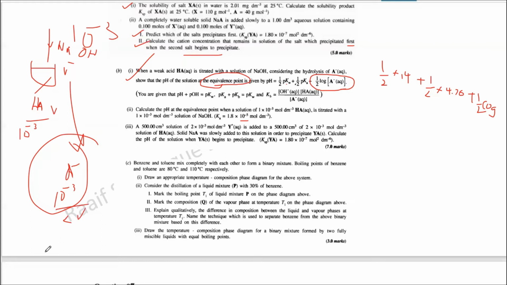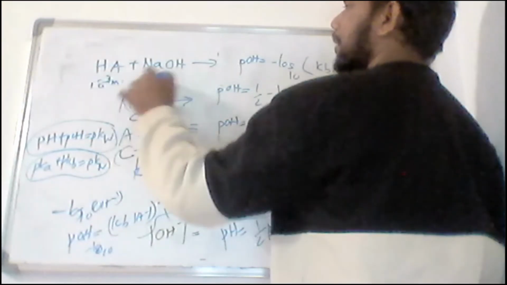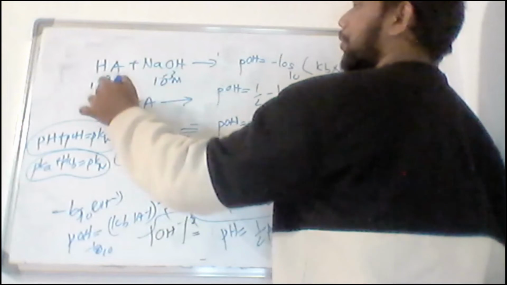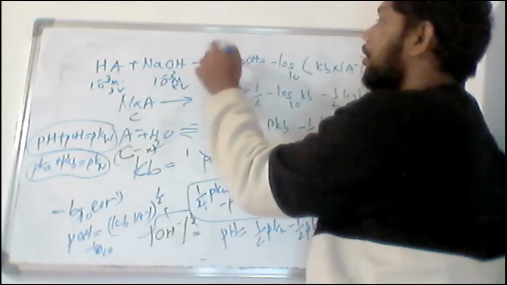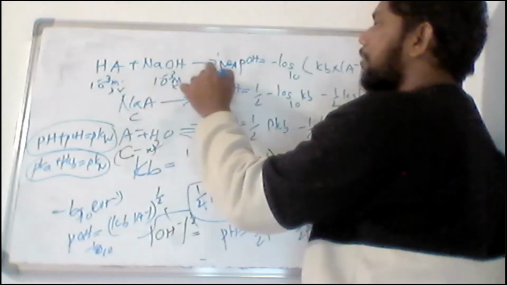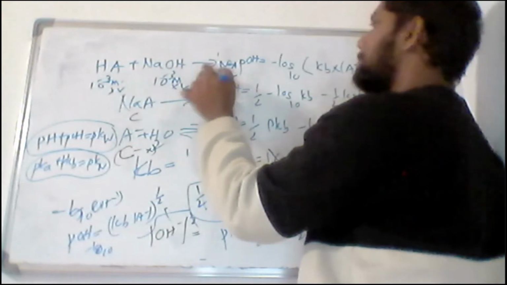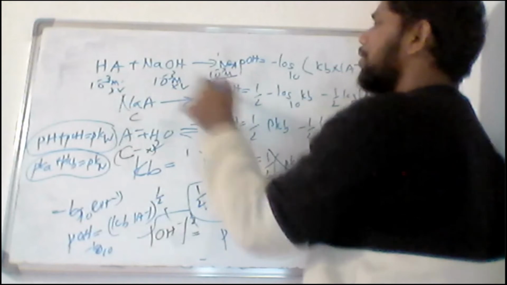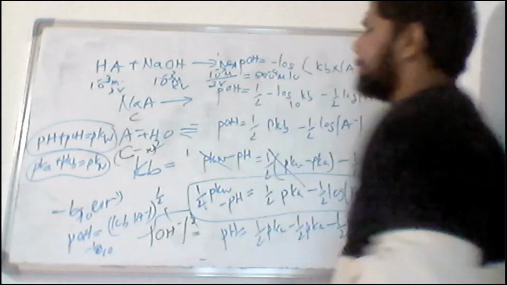So you have to first divide this concentration by 2, the final concentration, because you are adding 10 to the power minus 3 m, 10 to the power minus 3 m, but you need to multiply it by the same volume in order to have, at the equivalence point, the same amount of NaA formed. So basically it will form 10 to the power minus 3 m concentration, but the volume is double. Okay, so this will be like 5 into 10 to the power minus 4 m, right?